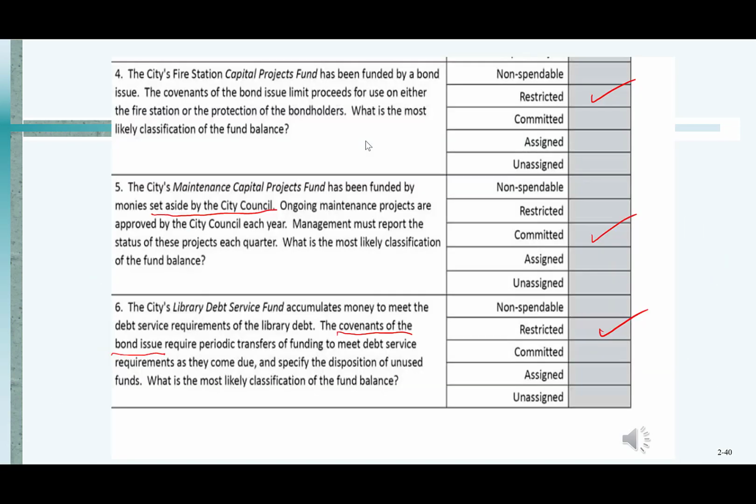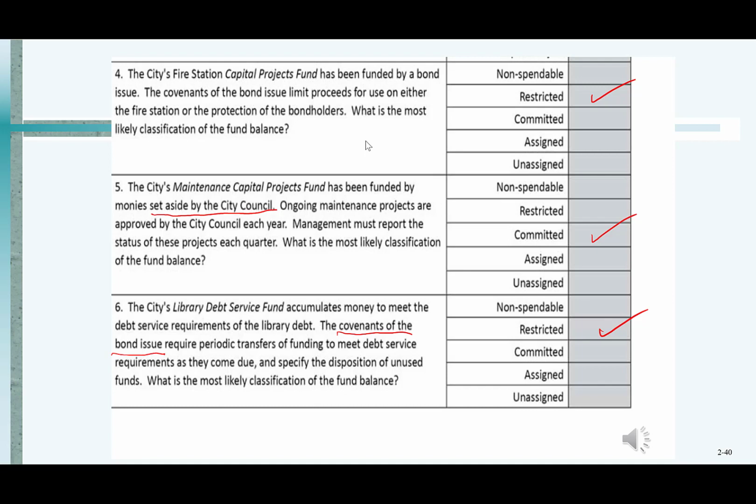Let's try this exercise. Okay? So, the City Fire Station Capital Projects Fund has been funded by a bond issue. The covenant of the bond issue, do I need to read any more? That money is restricted, right? Okay, good. The City Maintenance Capital Project Fund has been funded by money set aside by the City Council.